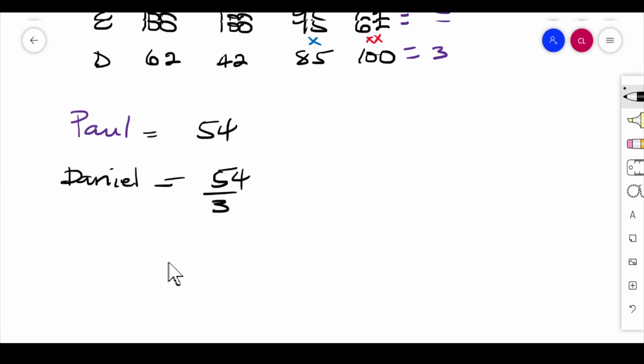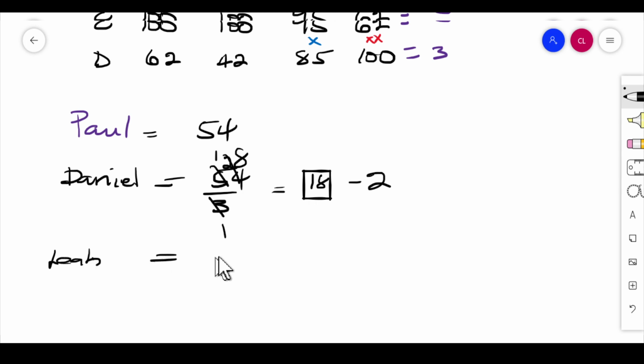And whatever this is equal to, we're going to take away 2 from that to get Leah's age. So 3 into 5 goes 1 time, remainder 2. 3 into 24 goes 8. So this is actually 18. So Leah is going to be equal to the 18 minus the 2. So Leah's age should be 16.